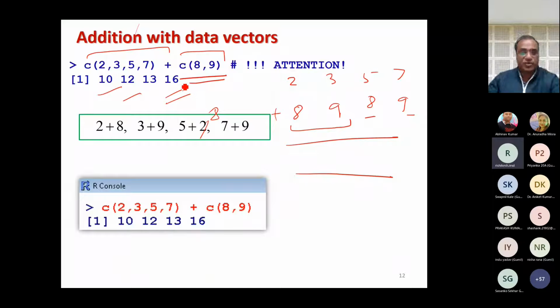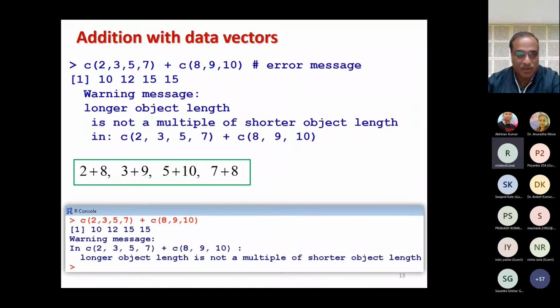Now, if this has 3, it is not an exact multiple. Earlier it was 2 into 2 is 4, but now 3 into something cannot be equal to 4. So now what will happen? That is the main issue.